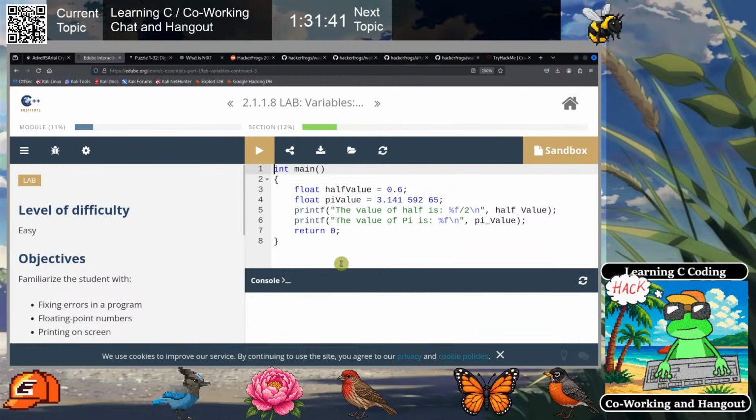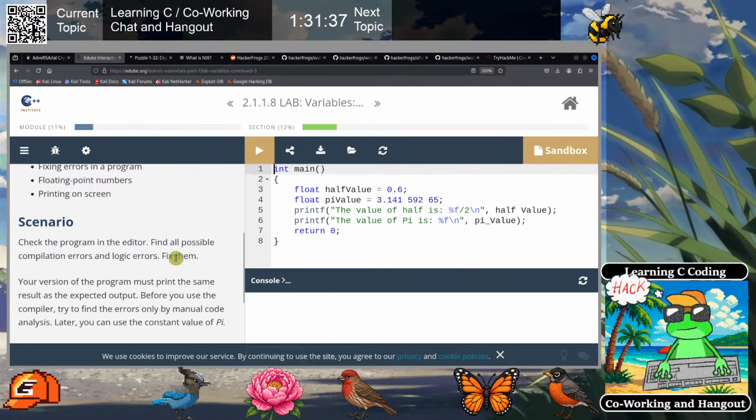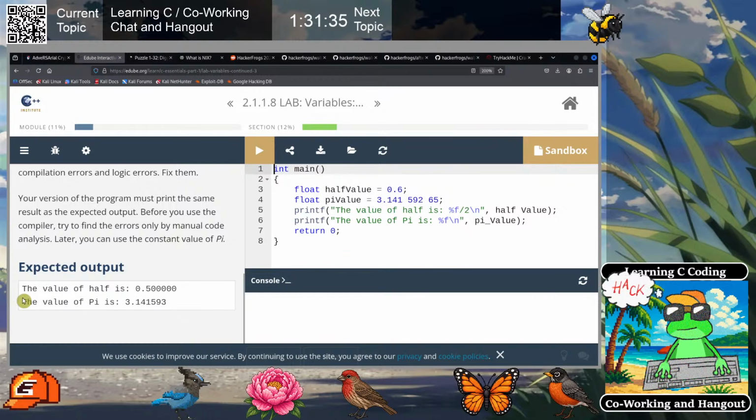All right, so here's another coding problem. So check the program in the editor, fix all the problems, okay? The value of half is 0.5 and then 5 zeros. And the value of pi is, let's see, how many digits are here? So this is also 5 decimal places.